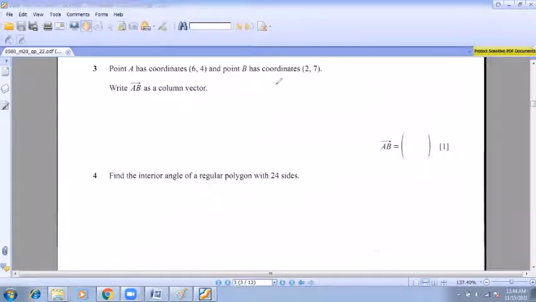Anyway, if we try to think in the vector way, this is A, 6, comma 4. In column vector, we can say that A equals 6, 4, and the same as B equals 2 units right and 7 units up.